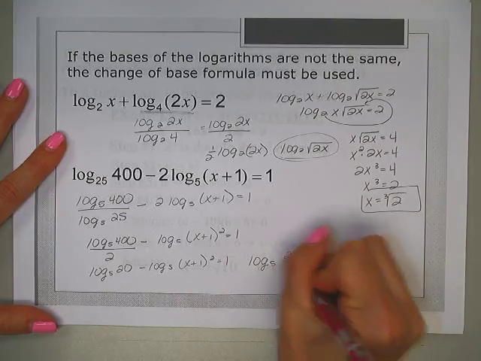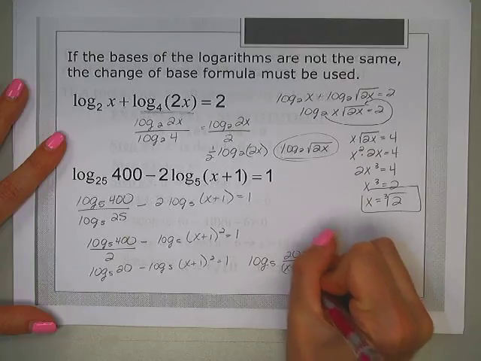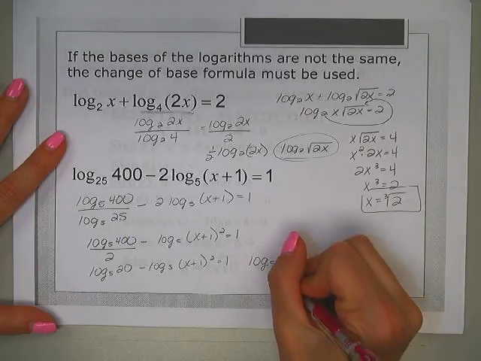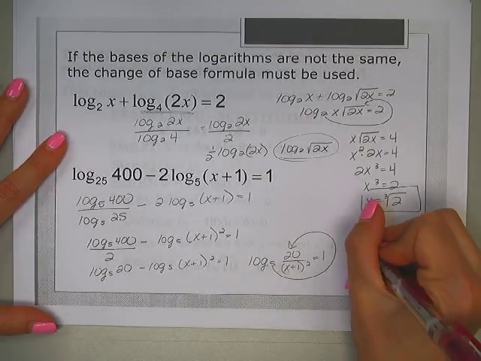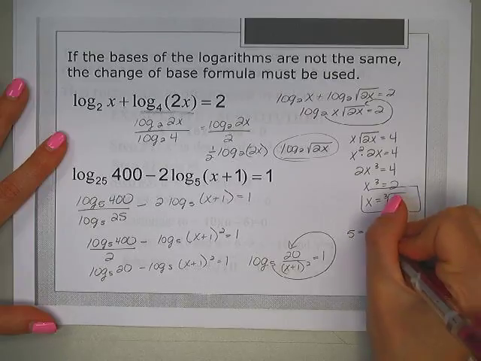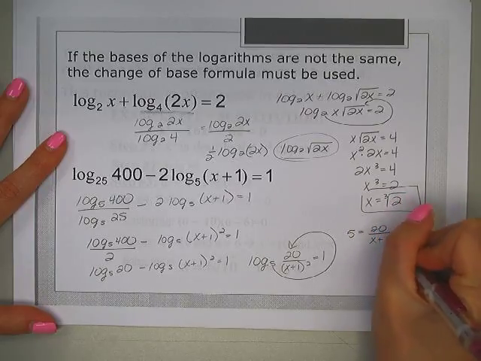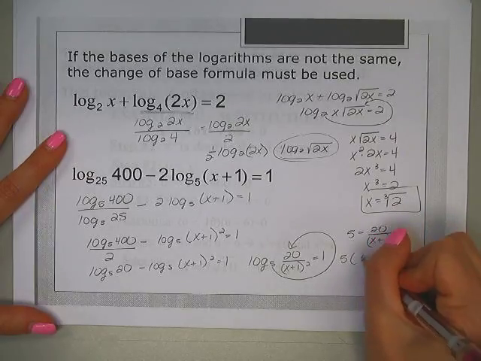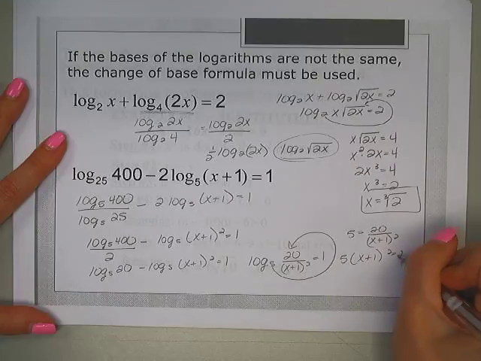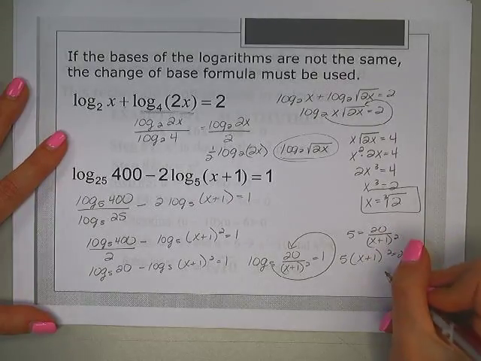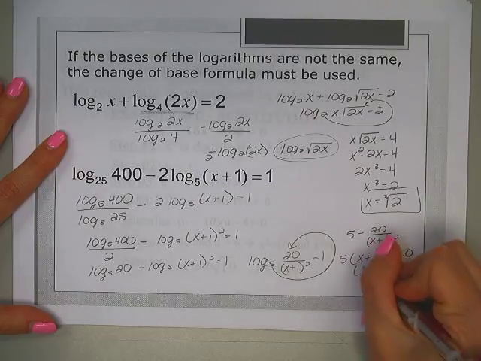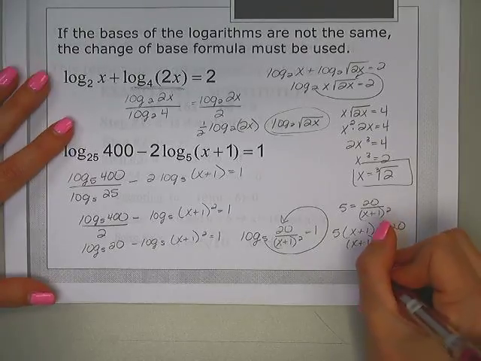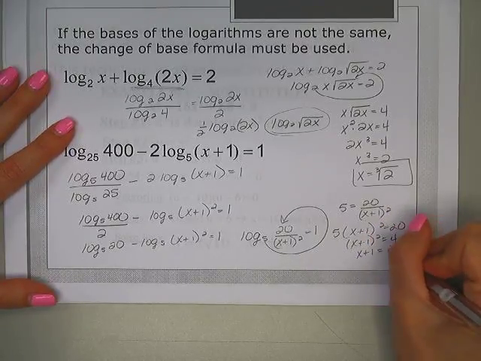So again, using that same little trick, I'm going to simplify this a little bit further, and I get log base 5 of 20 minus log base 5 of x plus 1 quantity squared equals 1. Let's continue. Now I can use the quotient property. So I'm going to go ahead and solve this one out. I've got log base 5 of 20 over x plus 1 quantity squared equals 1.